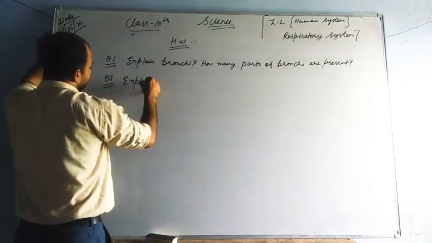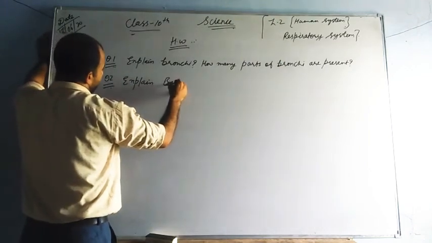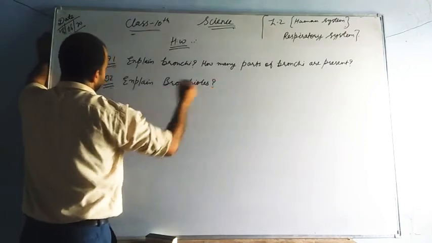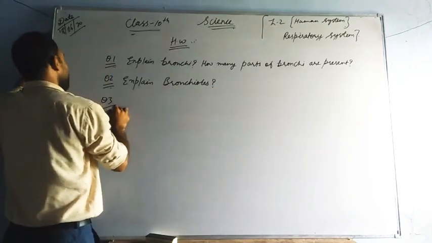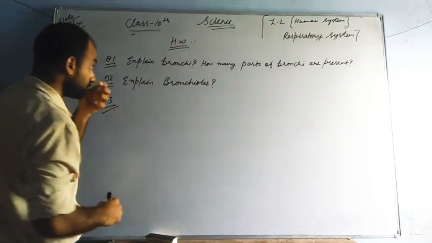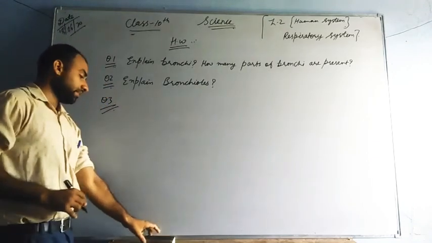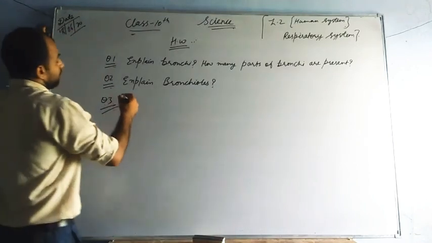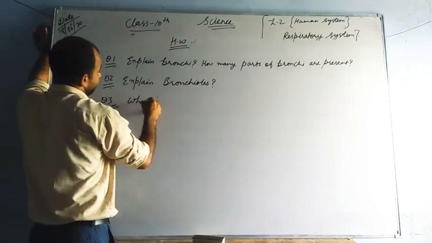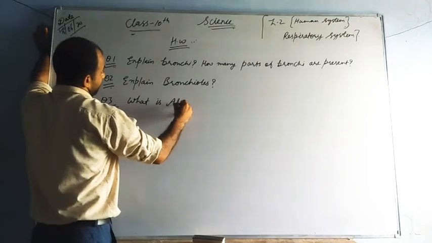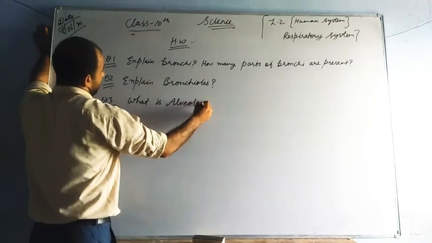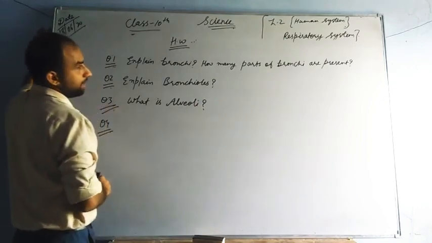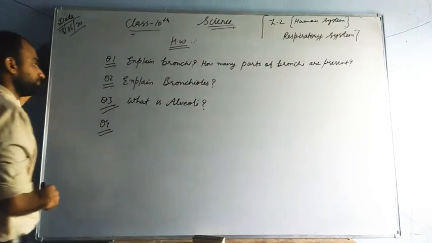Explain bronchioles. Question number 3. What is alveoli? Question number 4.